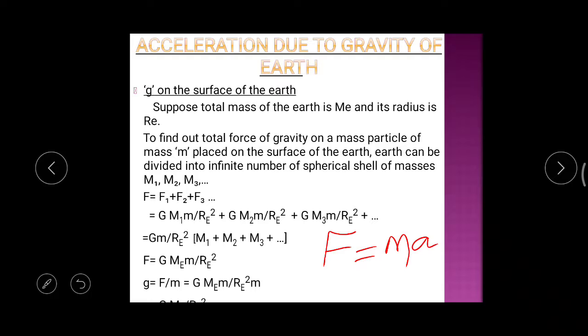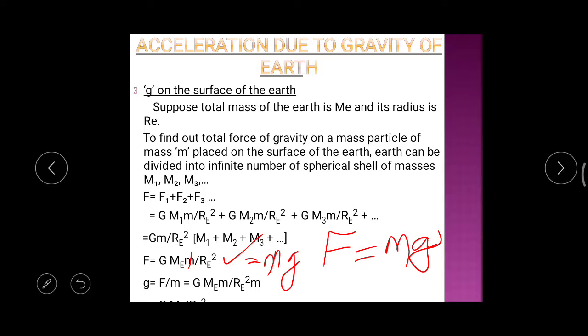So comparing F is equal to m into g with F is equal to G into Me into m divided by Re square, where on both sides the m will be cancelled.